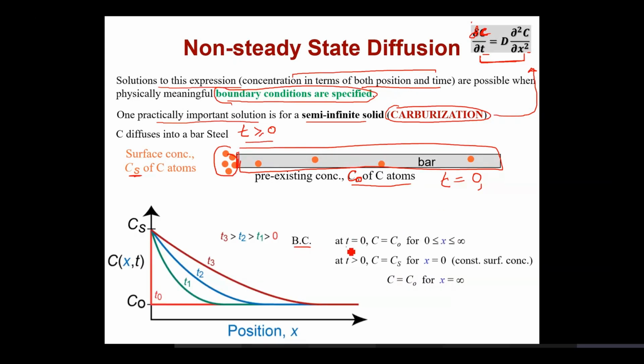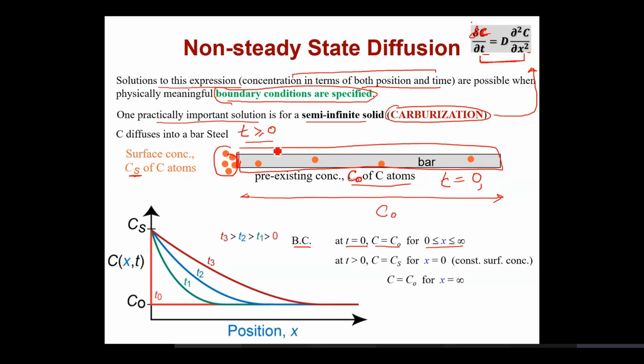The first is that at time t equals 0, C equals C0 for 0 to infinity length. The concentration throughout the whole rod was C0.